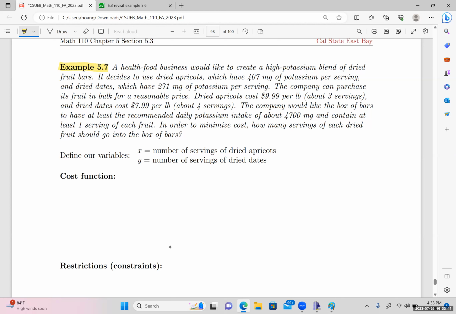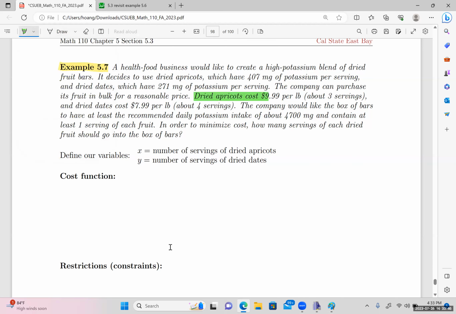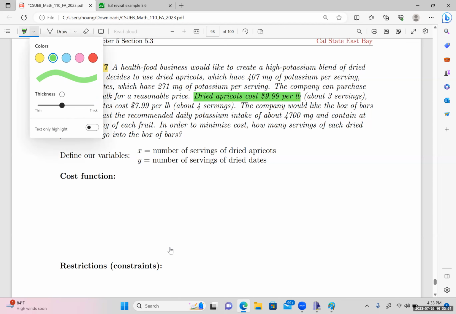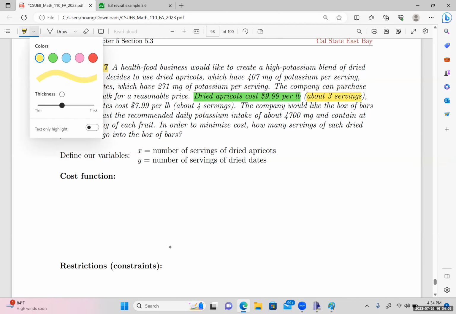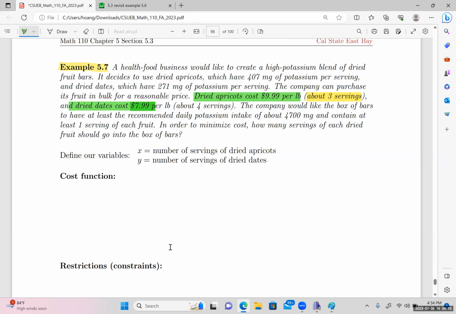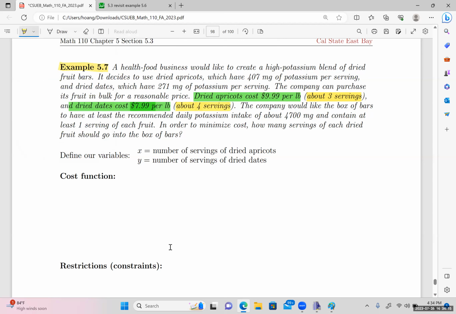So I think this is important information since it talks about money. So dry apricot costs this, about 3 servings, and dry date costs this, and this is about 4 servings, right?